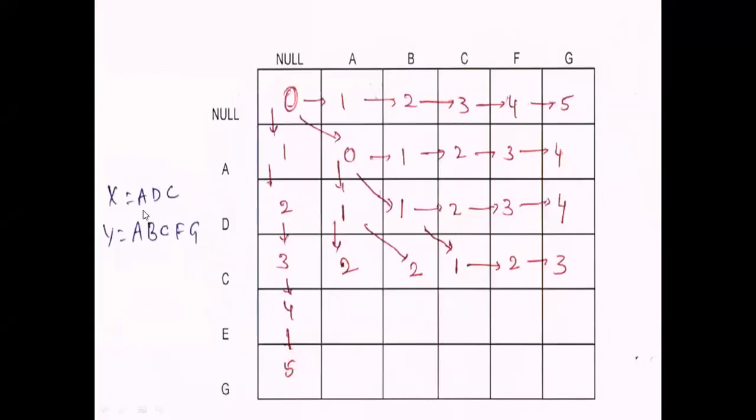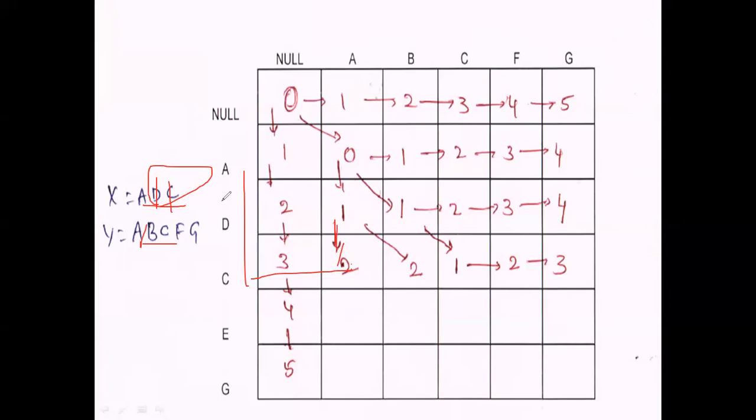Next one is ADC converted into ABC. First, ADC converted into A means the number of delete operations is 2: delete D and delete C. The vertical down arrow represents the delete operation.